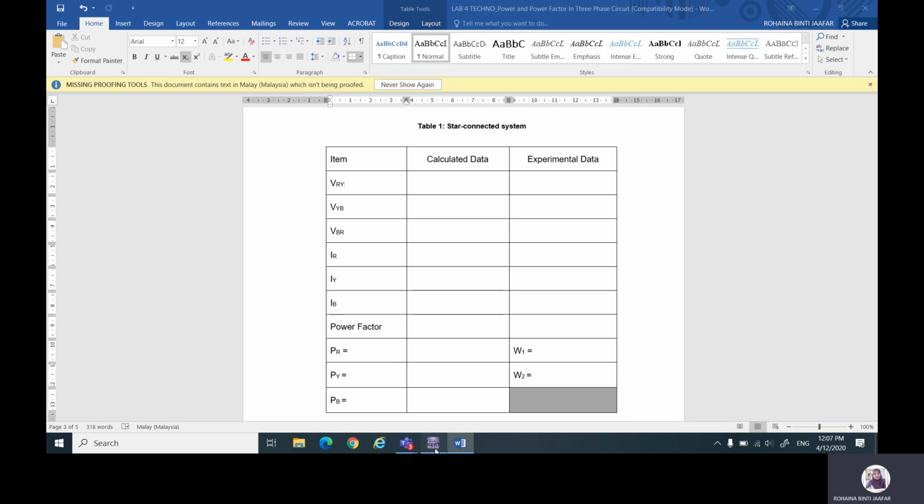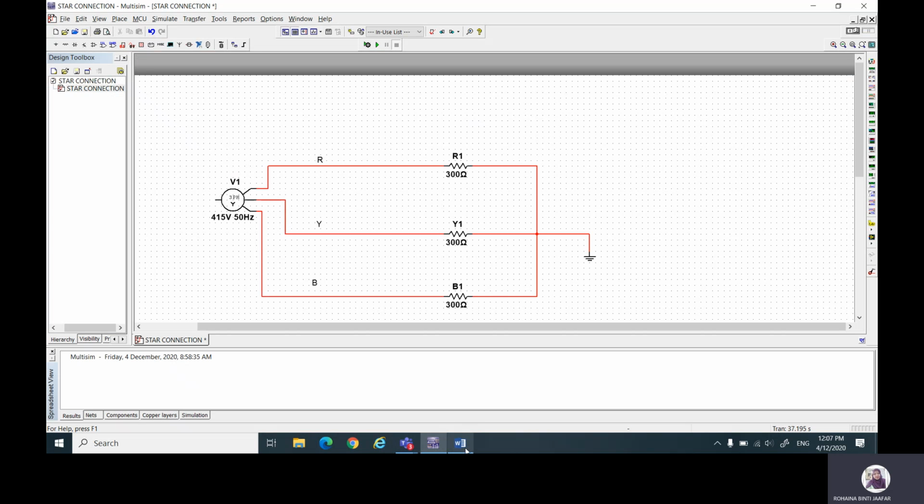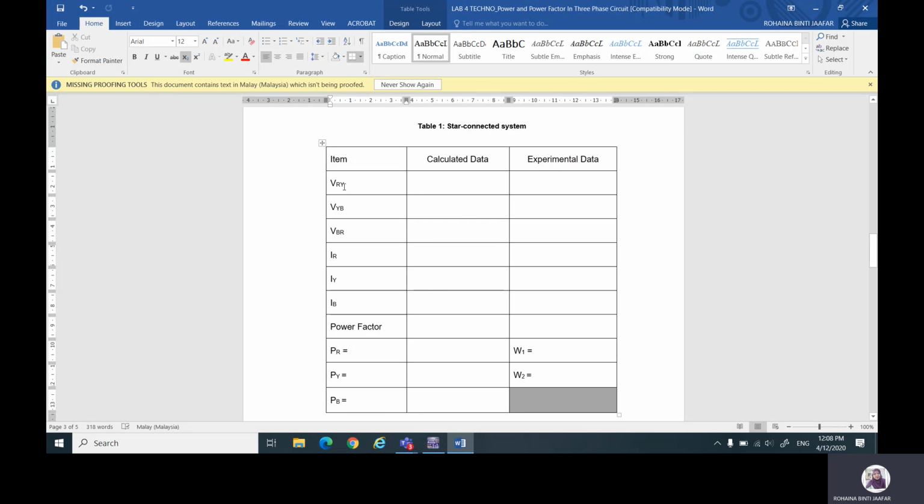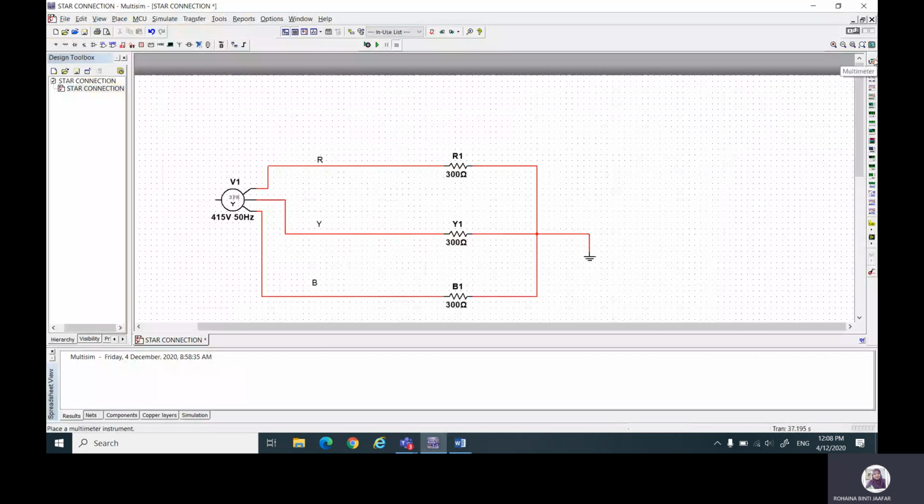First I show you an example. First you have to record the line voltage between red and yellow. Just use the multimeter. You tap between the red phase and the yellow phase.